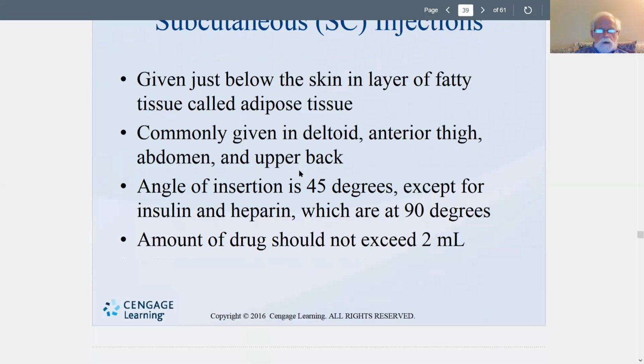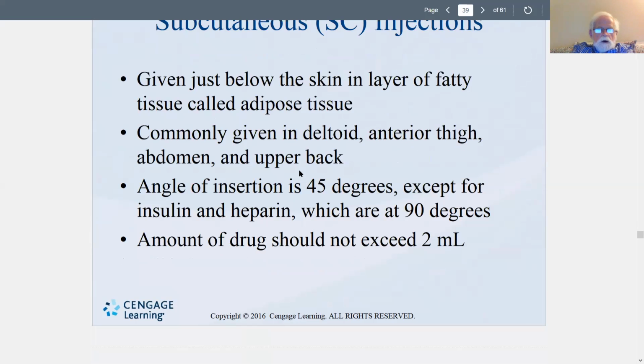So subcutaneous injections are given in a number of different areas of the body. Around the belly is common. Deltoid or the back of the arm, where we have a little bit of fatty tissue in between muscles.